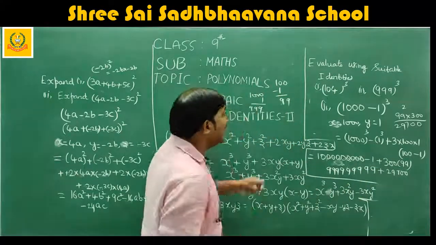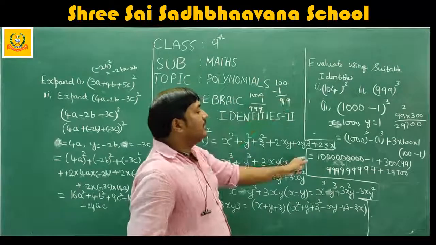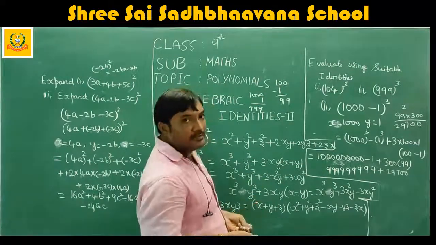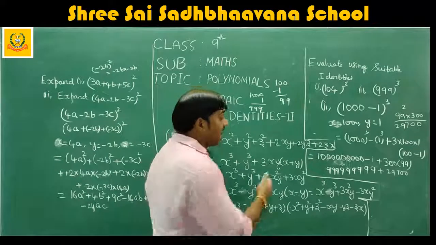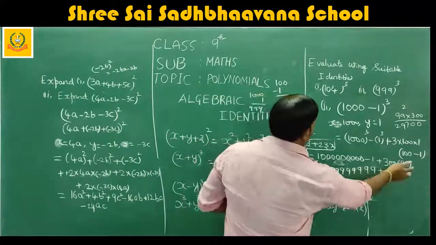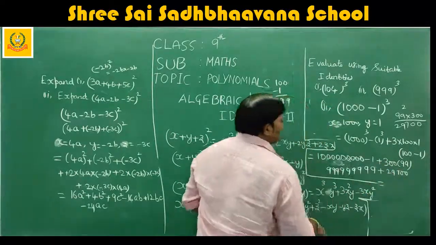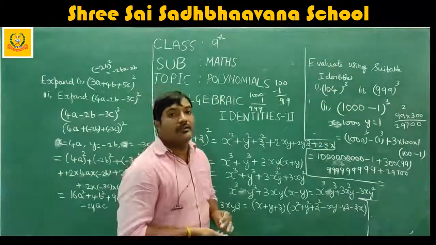Just solve it. As we know, 100 minus 1 is 99. Similarly, whatever this 1000 million minus 1 is, you will get 9 nines, remember, plus 29,700. Just do the simplification. That will be your final answer.